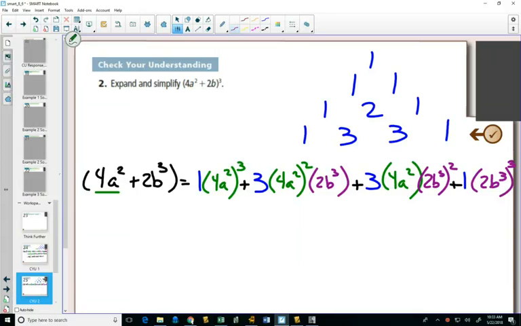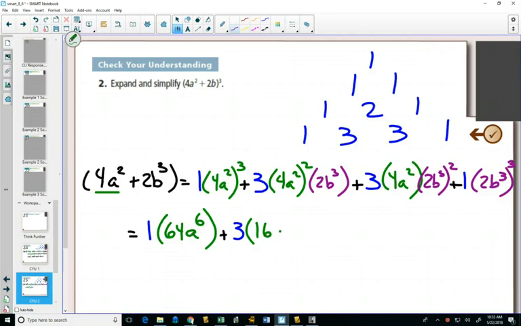And so if I wanted to simplify this completely, I'm going to, again, simplify my exponents first. 4 cubed is 64. A squared cubed, exponent laws, you would multiply, a to the 6, plus 4 squared would be 16.